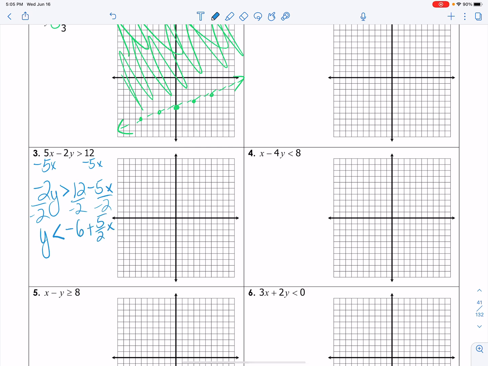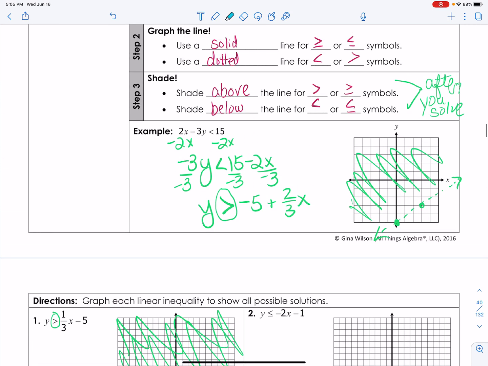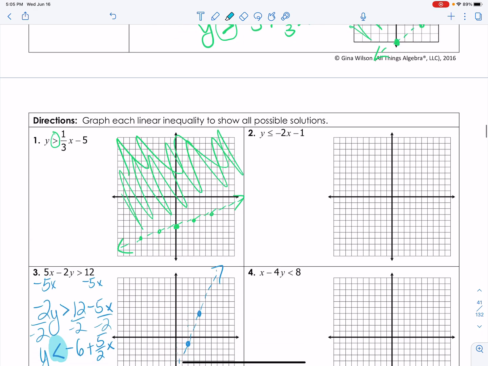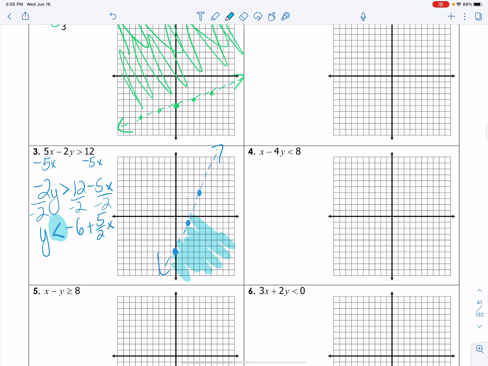So you go through 1, 2, 3, 4, 5, 6, and then you're counting up 5 over 2, 5 over 2. I can keep going, but it is a dotted line. And if I look, this sign right here is less than, and if I go back to my notes, a less than sign, you shade below. So I'm going to shade below the line.